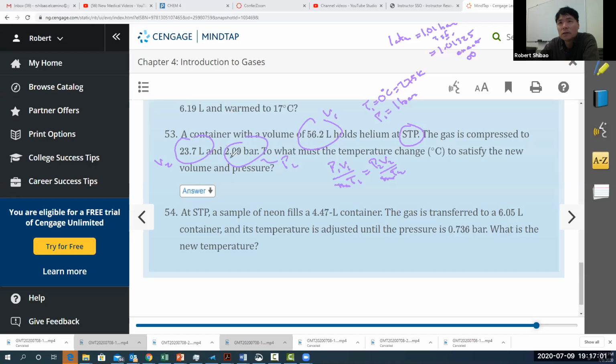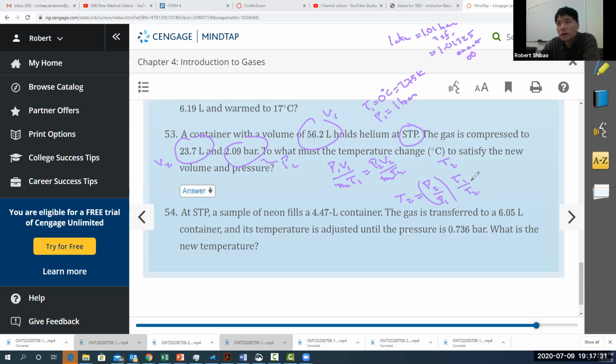What else doesn't change? Actually, everything else changes. Okay, so what we want to do is solve for T2. I'll bring T2 to the left and move everything to the right. So it's going to be P2 divided by P1, the pressure fraction, and then the temperature.